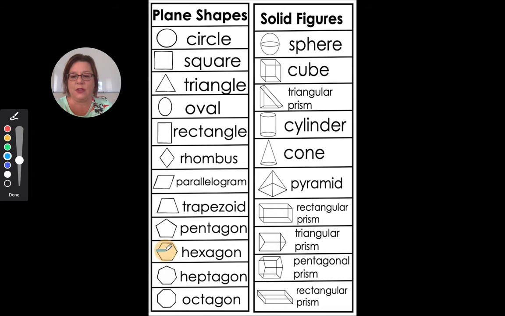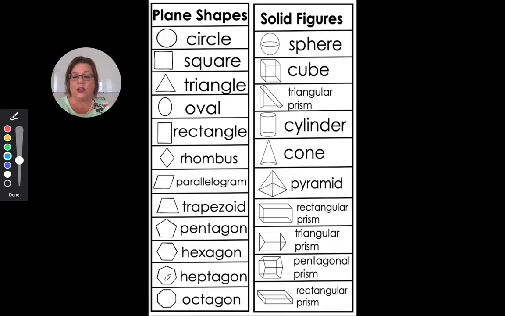And if I were to draw a line right through my hexagon, it would look like 2 what? Trapezoids. It would look just like 2 trapezoids. Hexagon means 6 sides, 6 corners, and all of the lines are connected. It is a closed shape.